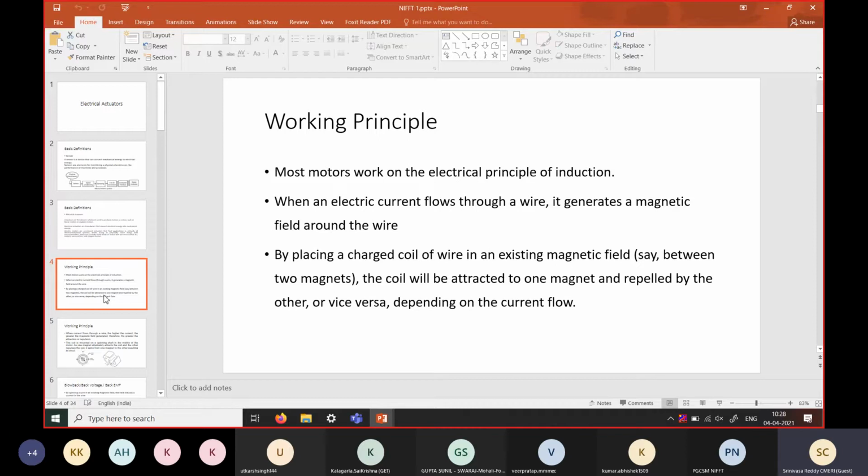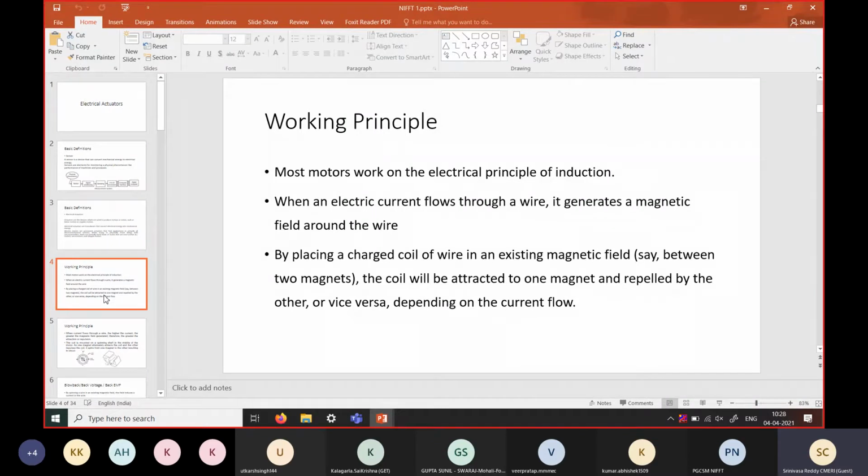What is it? Whenever a conductor is carrying a current, it produces a magnetic field through the process of induction.